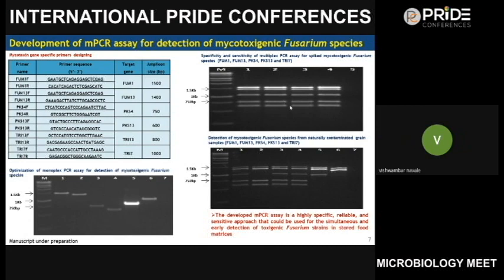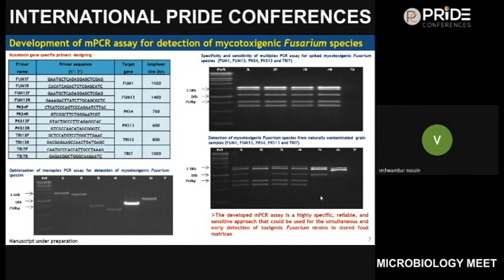In naturally contaminated grains, around 10^3 spores per gram of maize grains is enough to detect, at the genome level, whether these grains are contaminated with a particular mycotoxigenic fungus or not.